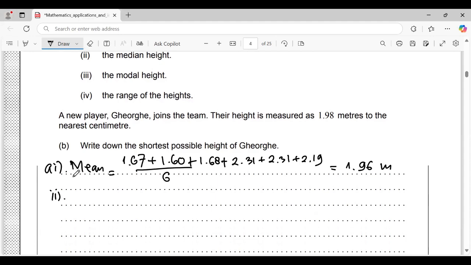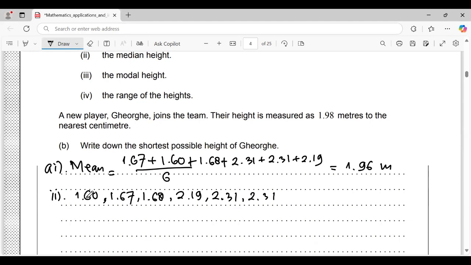I have sorted 1.60, 1.67, 1.68, 2.19, 2.19, and the last, 2.31, I mean, 2.31 and 2.31. 1, 2, 3, 4, 5, 6. Okay, 6 data. Now we're going to find median.